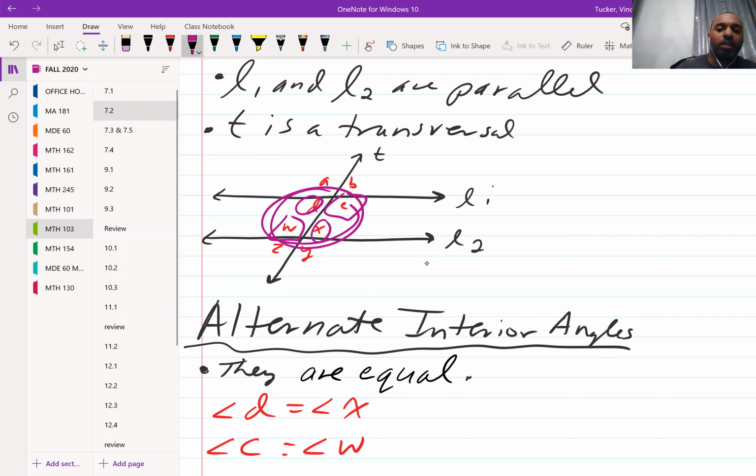So you're talking about on the inside. That's what we mean by alternate interior angles, and they will be equal to each other. So once again, DX and CW are alternate interior angles.